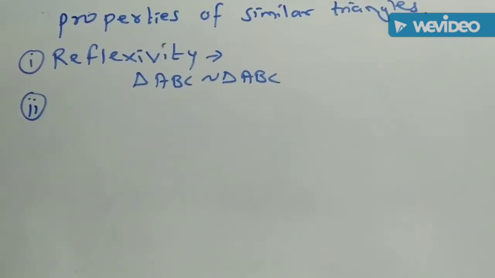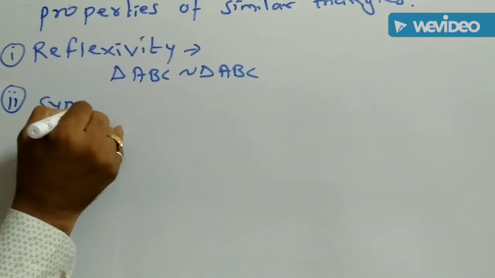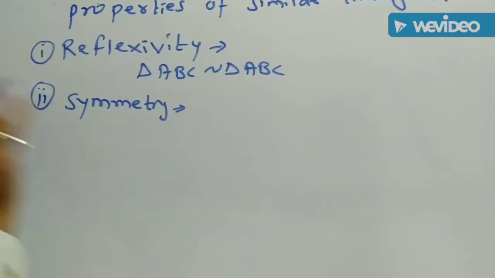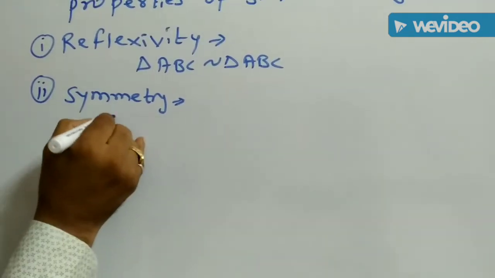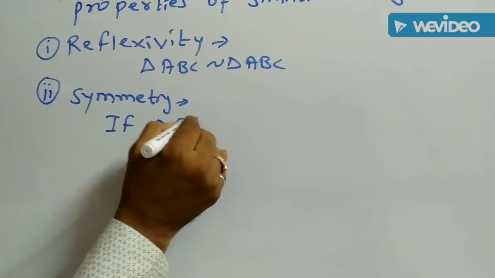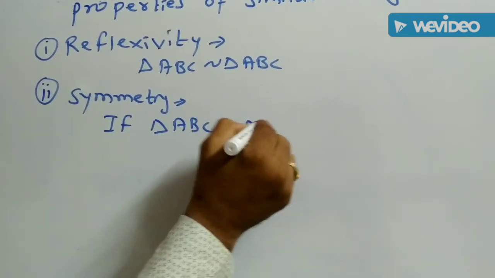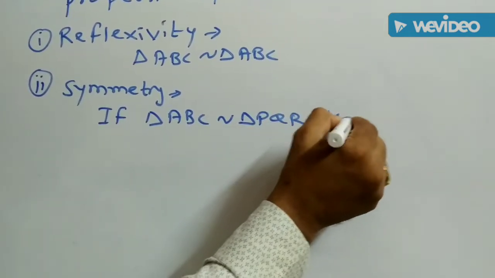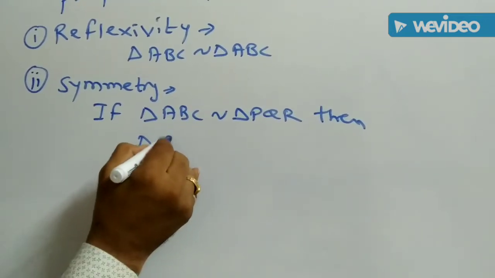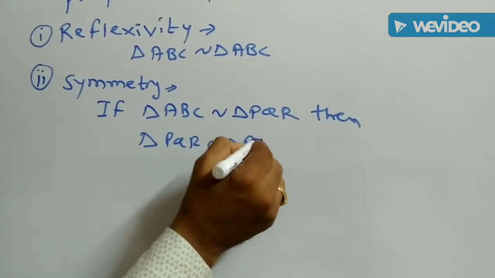Then second is symmetry. It is for two triangles. That is, if one triangle is similar to another triangle, then the second triangle is similar to the first.